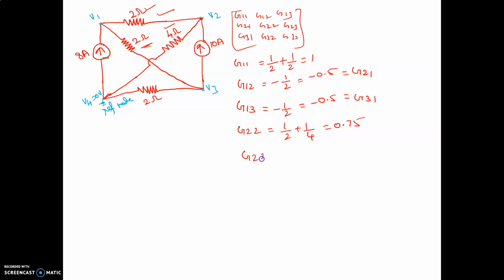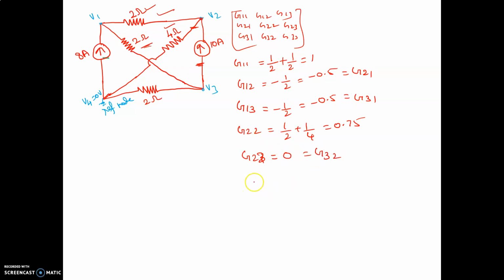Next G23, the reciprocal of resistance common between the second and third node. There is no resistance common between the second and third node, so this will be 0. This is equal to G32.